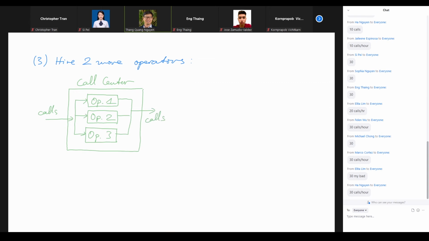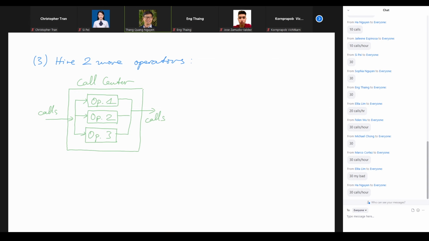And this diagram actually shows that, right? So we have a parallel structure. The operators are not connected with each other. You only talk to one person, and that's it. So we have a parallel structure inside the process, and that's why the capacity of the whole center is the capacity of operator 1 plus that of 2 plus that of 3, right?